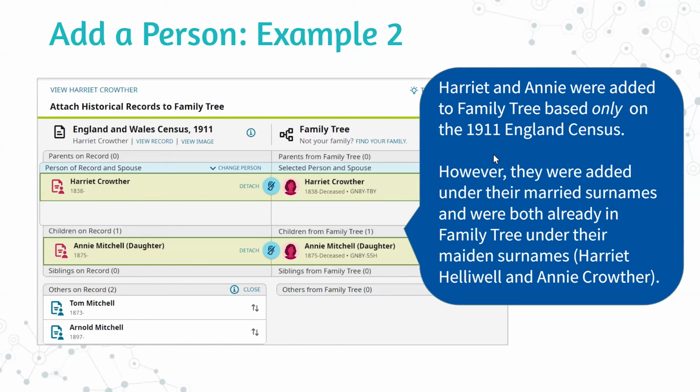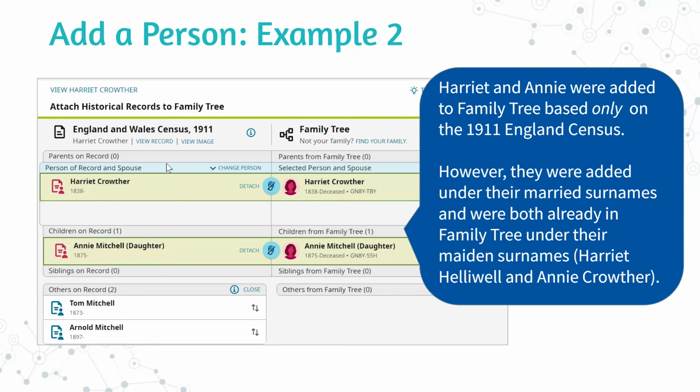So these duplicates were added based just on the census, but the reason I bet that they weren't caught is because both these women were added under their married surname, which FamilySearch has asked us not to do. If women live in a culture where they change their surname upon marriage, we're asked to use their birth or maiden surname to avoid confusion.